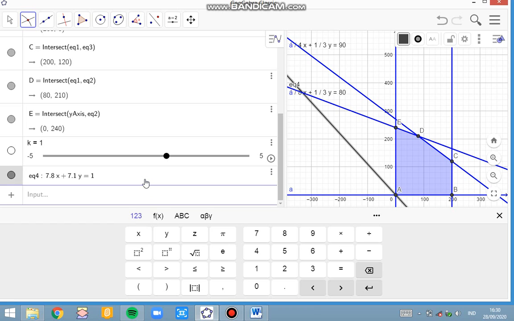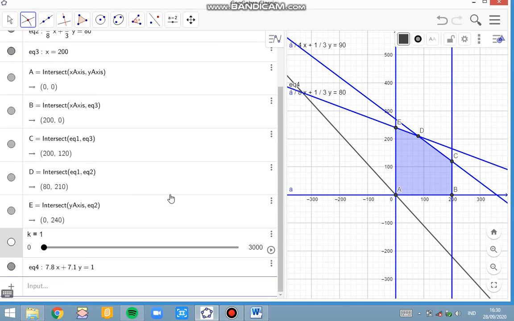Okay, it's clear. Then we define the interval here. K is greater than 0 and less than 3000.